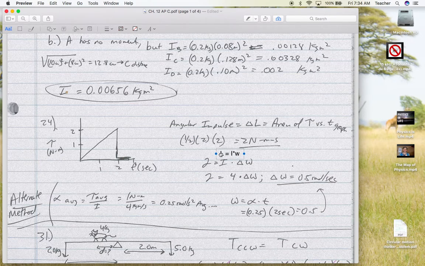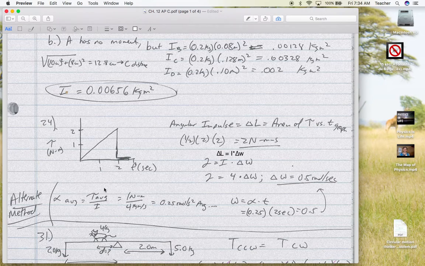And so really it would be delta L equals I times delta omega. So something like that. And that's how I find the change in angular velocity, and that's 0.5 radians per second.